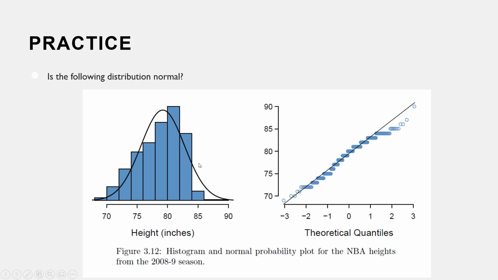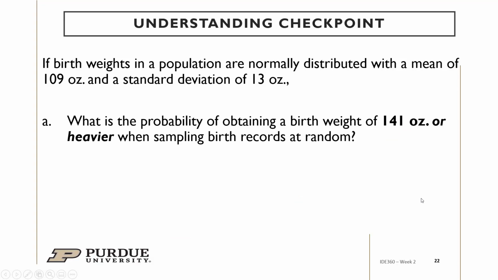Even though this tail is more or less the same, all located around 80 or so, I have a lot of outliers around here. So this is how my normal probability plot looks, and as you can see, there is a strong tail here that deviates from the straight line. Therefore, I have some evidence that this distribution is potentially not normal. There are formal tests that you can run to check this, and we will cover those when the time comes. But this is graphically how you can keep assessing those types of things.